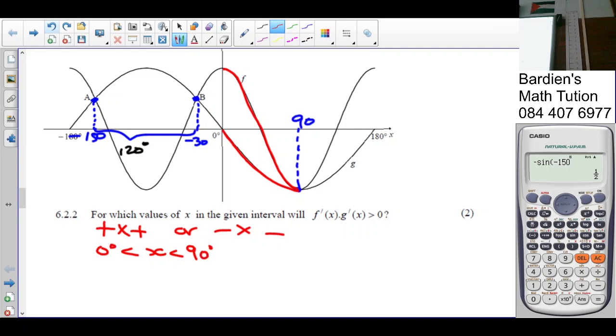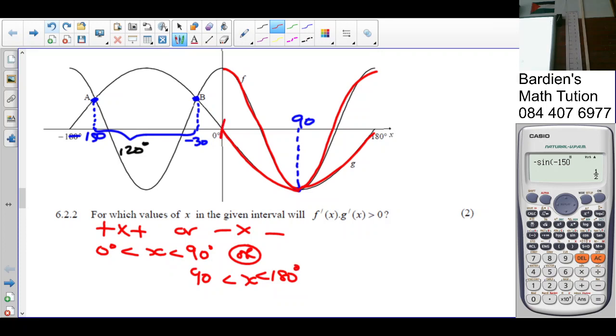Alright? Or, what do we notice here? Both are increasing, and that's what I'm also interested in. So I say x is greater than 90 but less than 180. You could have represented it that way, that's one way of doing it.